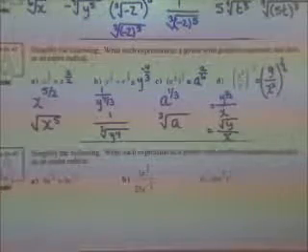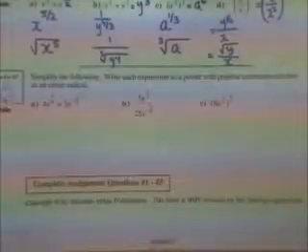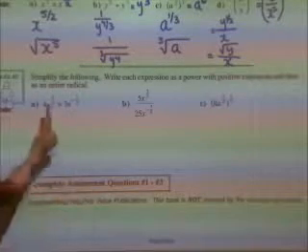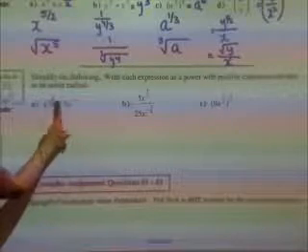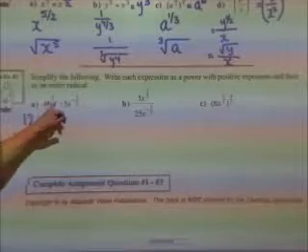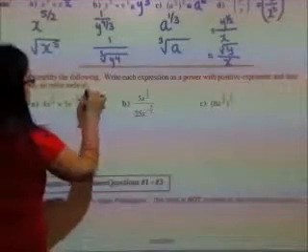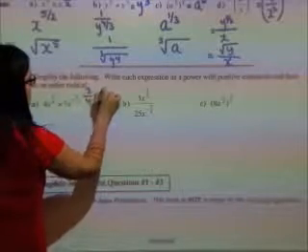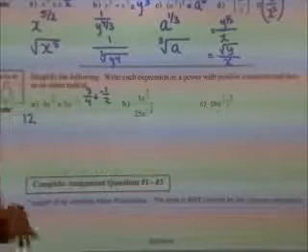So now let's take a look at class example number 3. Simplify the entire radical. Write each as a power with a positive exponent and as an entire radical. So we have to combine. We have coefficients, so I multiply my coefficients. 4 times 3 is 12. Then product says I add the exponents. So I have 3/4 plus negative 1/2. Negative 1/2 has to have the same denominator.